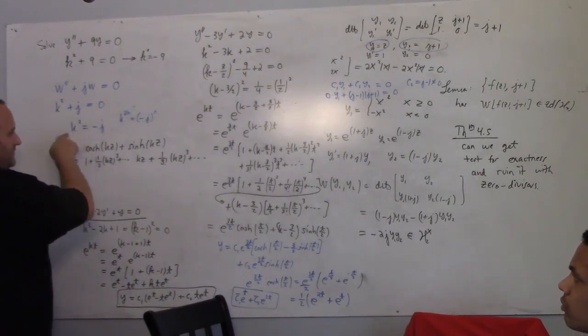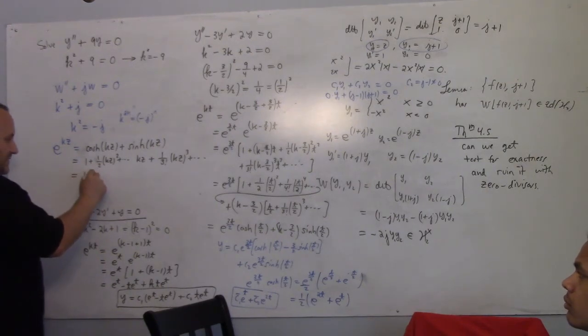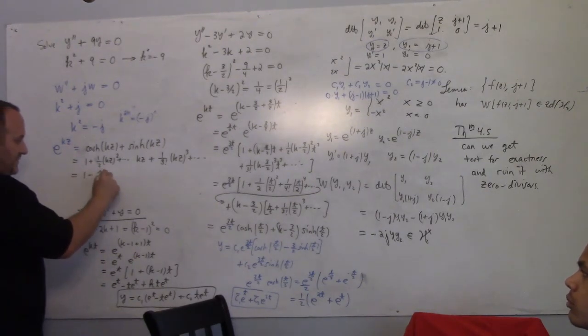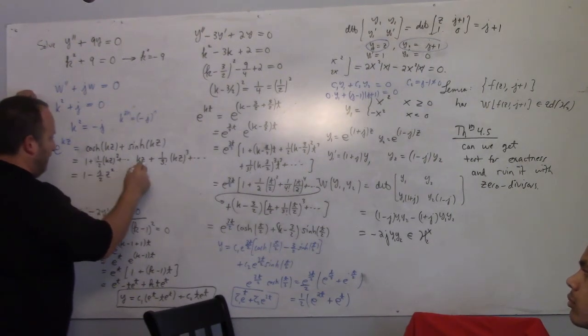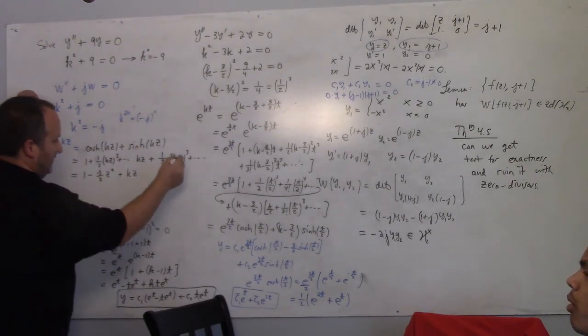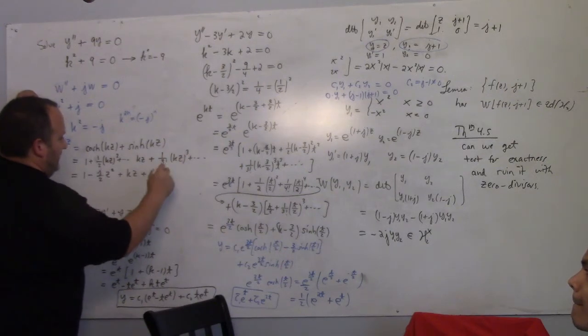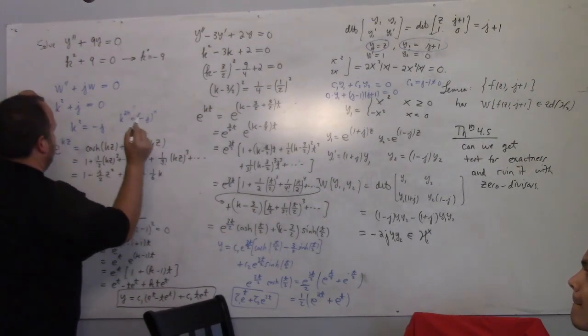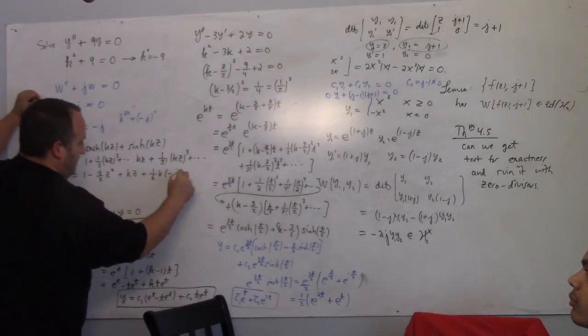K squared was minus j, right? So this is really 1 minus j over 2 z squared, plus kz, and then plus 1/6. Well, there's a k here I can keep, but the k squared becomes minus j, right? Z cubed.